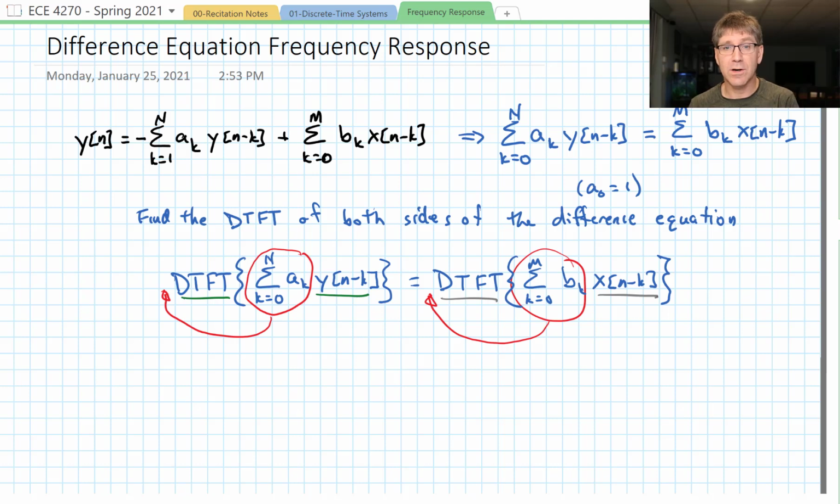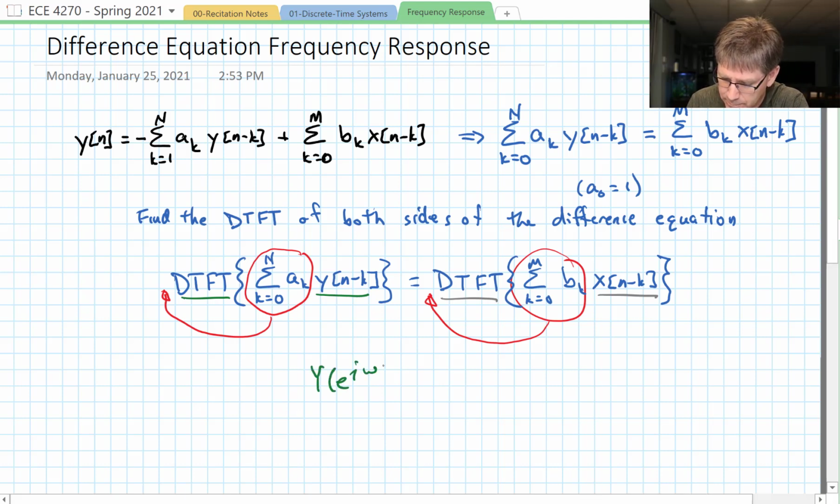We'll talk about infinite energy signals later. But for now, assuming the DTFT exists, the DTFT of y of n minus k is just whatever that is with this phase shift term from the DTFT properties, e to the minus j omega k.